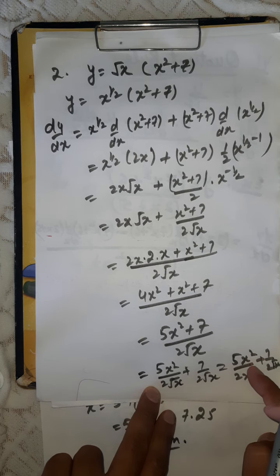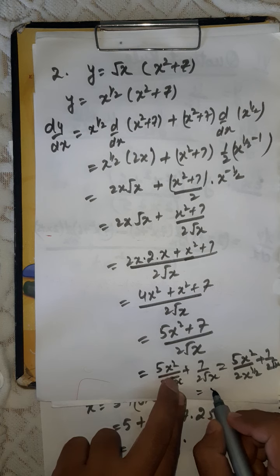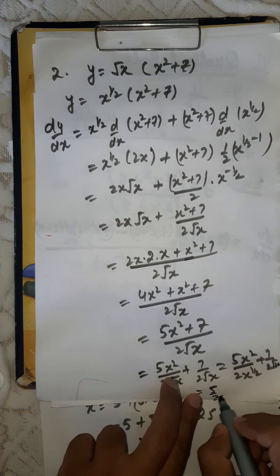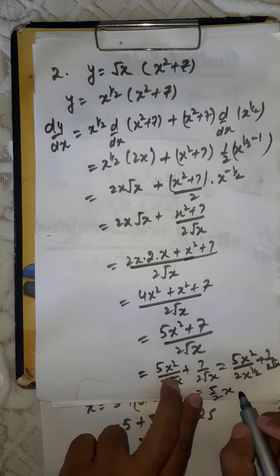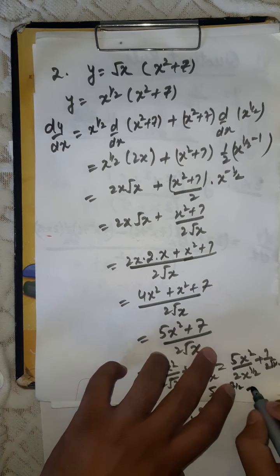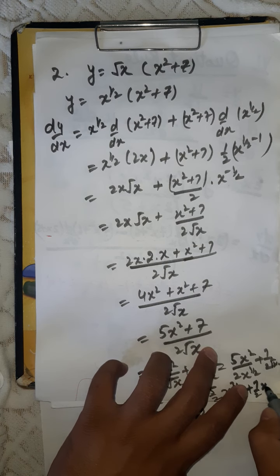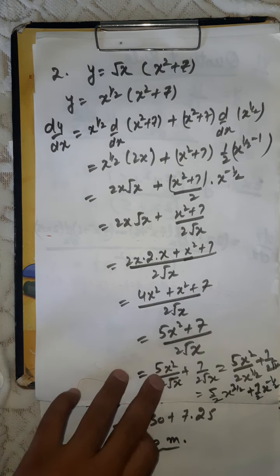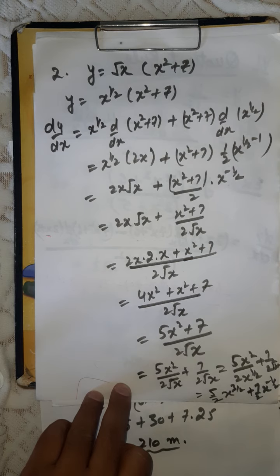It becomes x power 2 minus 1 by 2, so it becomes 5 over 2 x power 3 by 2 plus 7 by 2 x power minus 1 by 2. So this is my final answer. Please note down.